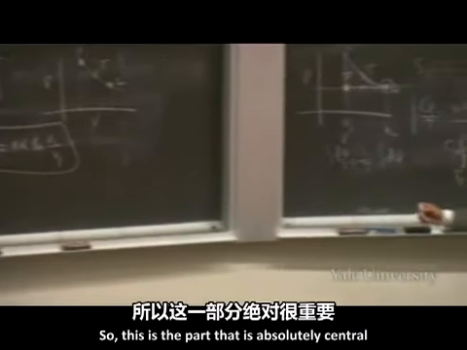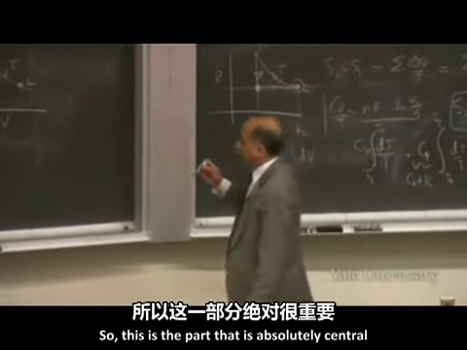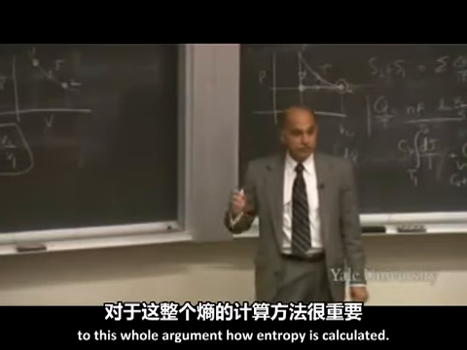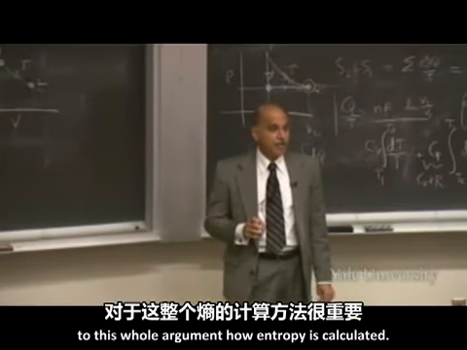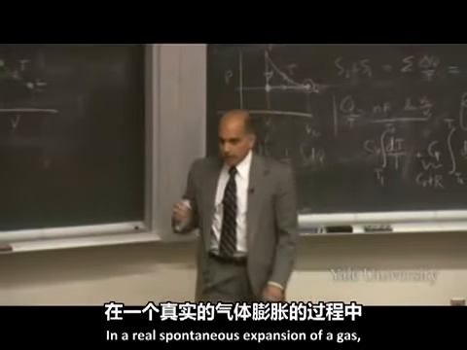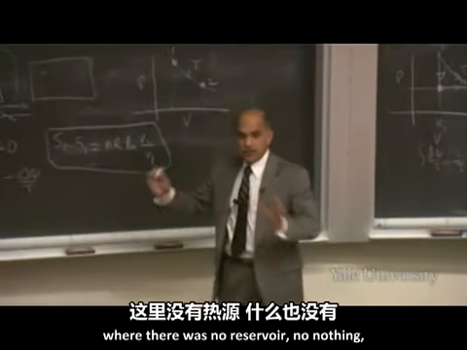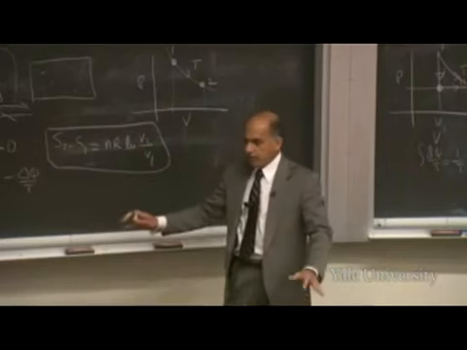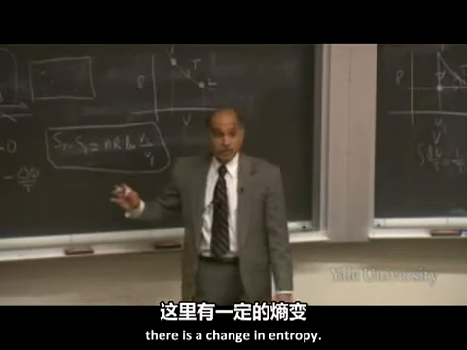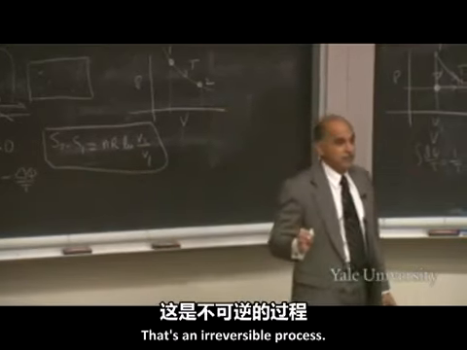This is the part that's absolutely central to this whole argument: how entropy is calculated. In a real spontaneous expansion of a gas, where there was no reservoir, nothing, you just broke the partition and expanded, there is a change in entropy. That's an irreversible process.